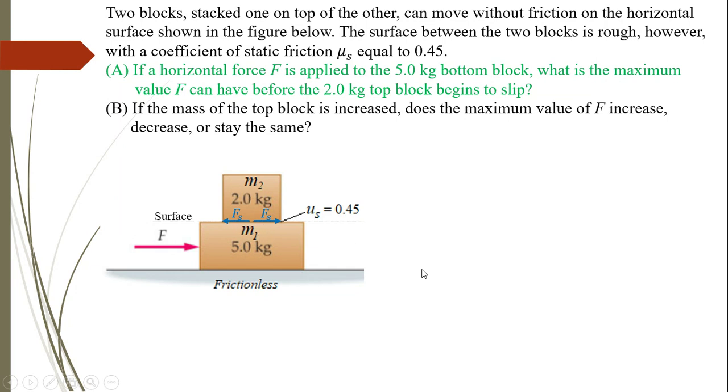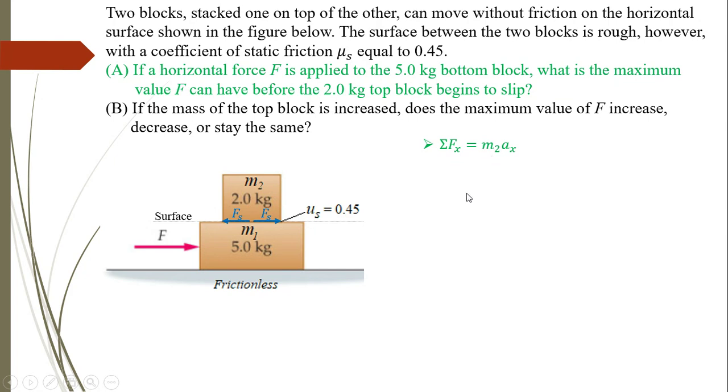All right, so let's go ahead and set up the physics for M2. In order to figure out the maximum force you can apply to the bottom block, you have to figure out how much acceleration the top block can handle. I'm going to use Newton's second law of motion, sigma F equals ma, focusing on block 2.